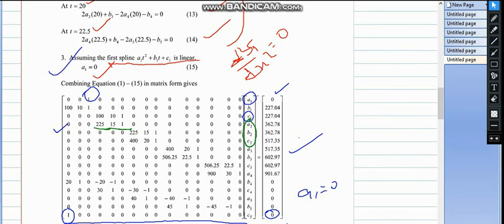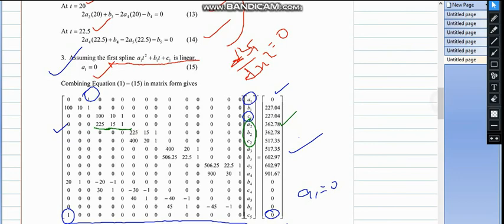First three elements are 0, so that will be multiplied with A1, B1, C1, so it will become 0 anyway. But in the second case we have A2, B2, C2, and there are 225 A2 plus 15 B2 plus C2 equal to the corresponding fourth y value.